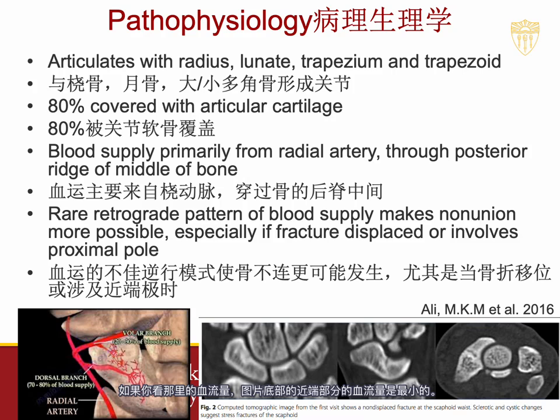If you look at the blood flow there, the proximal part, the bottom of that picture, has the least amount of blood flow. So if the fracture happens where the bone is articulating with the radius, you're less likely to have good outcomes. You're more likely to have non-union. You're more likely to have some sort of avascular necrosis that can happen with that bone.